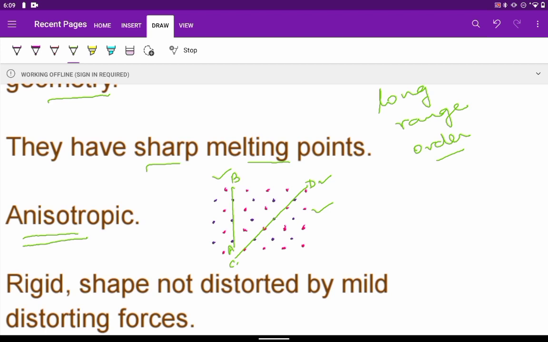So the same physical property for the same crystal will not be the same in both directions if we change the direction of measurement. This is known as anisotropy.